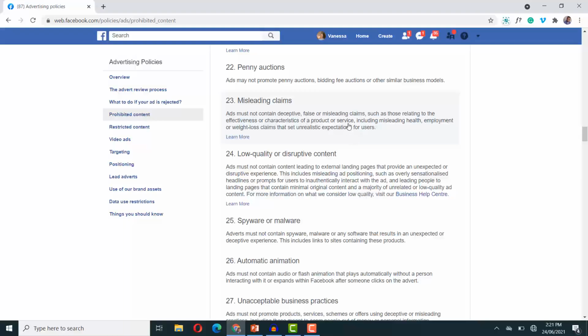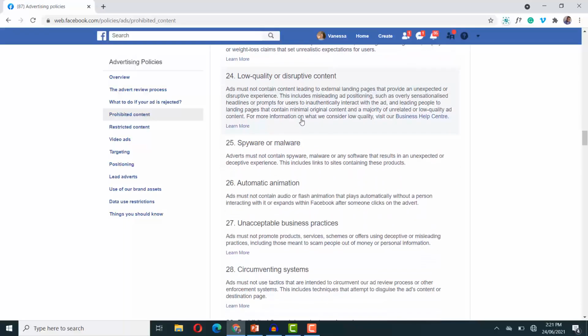Low quality or disruptive content. So what Facebook considers low quality are things like pop-ups on your landing page, just being silly, basically being spammy, clickbait, those kinds of things. Using sensationalized headlines in your ads or in your landing page, clickbait kind of stuff.